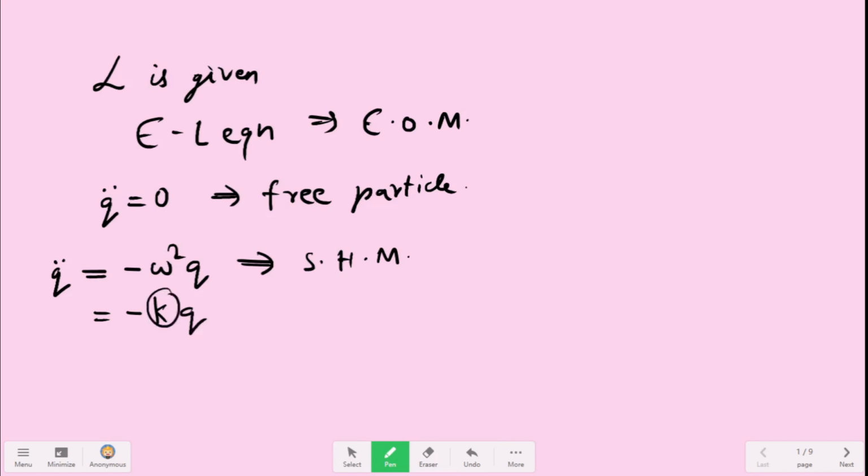Here k is a positive quantity. Now suppose the final equation that we are getting is q double dot plus 2 gamma q dot plus omega square q equal to 0. This is representing damped oscillation.